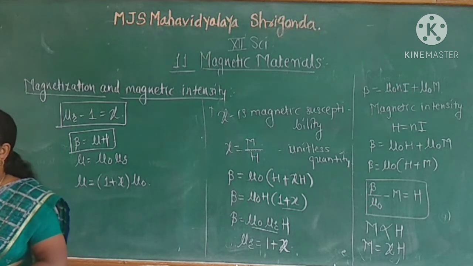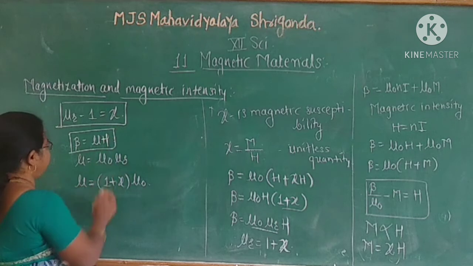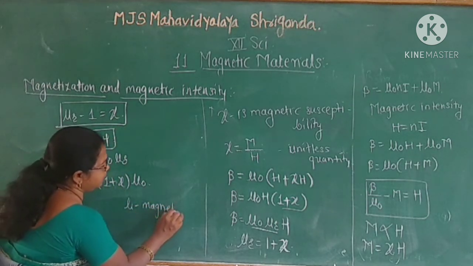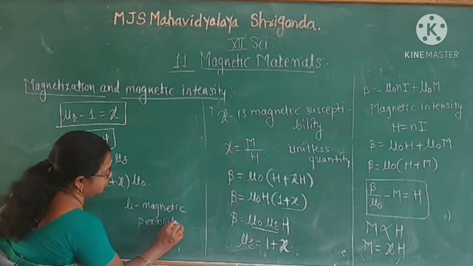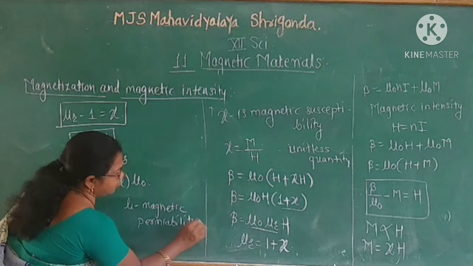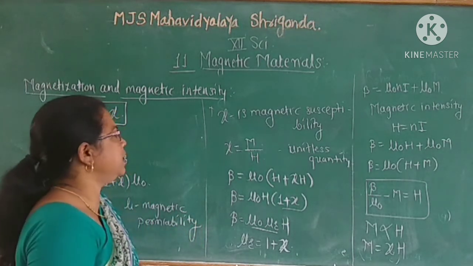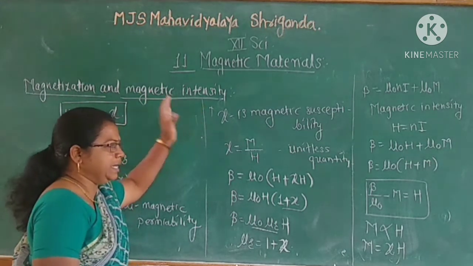In this case, mu is called the magnetic permeability. These are the things we got in this case. So this is magnetization and magnetic intensity.